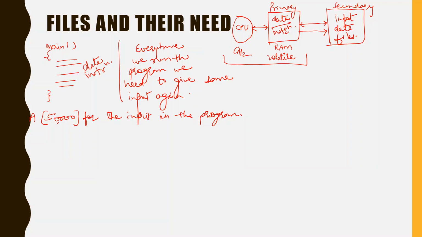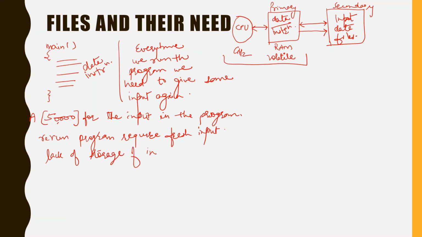If you run the program again, the rerun requires fresh input. This can be a very tedious task if the number of inputs is very high, and there is also a lack of storage of inputs and outputs.